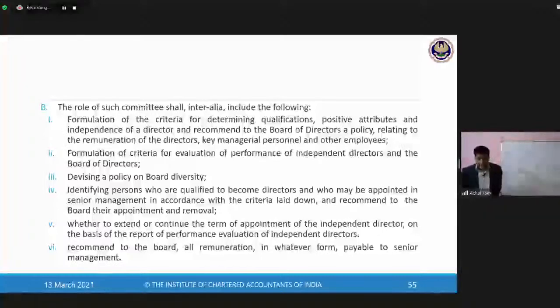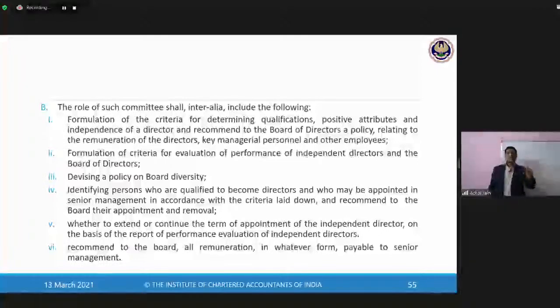Identifying persons who are qualified to become directors and who may be appointed in the senior management in accordance with the criteria laid down, and recommending to the board their appointment and removal. So as regards the persons who are qualified to become directors, or to be a part of the senior management, its appointment will be done by whom? Board.